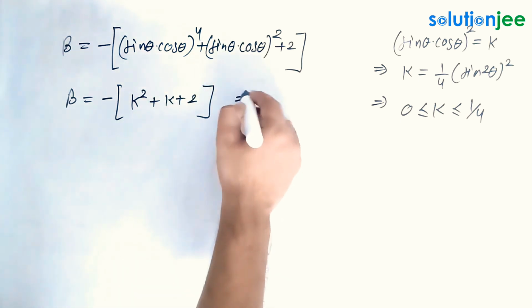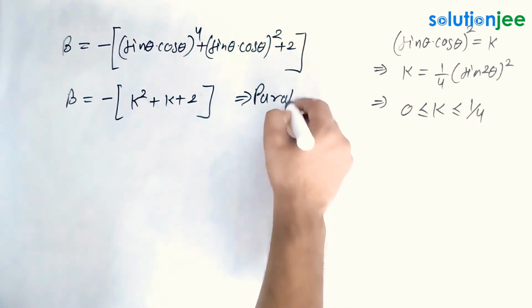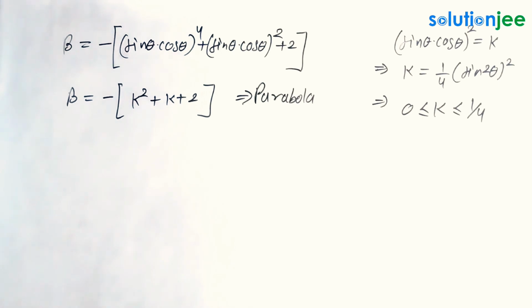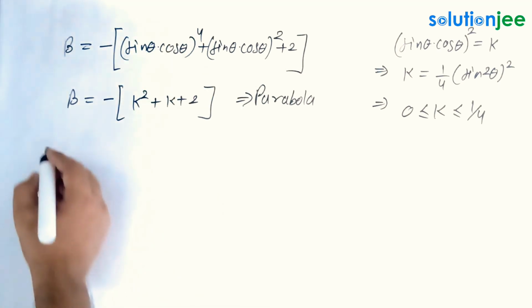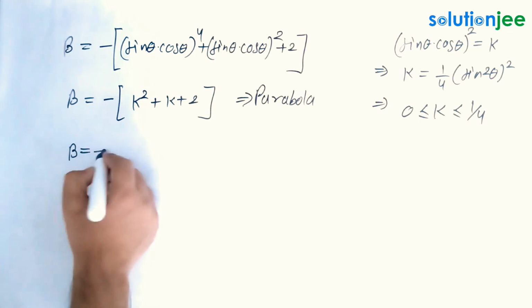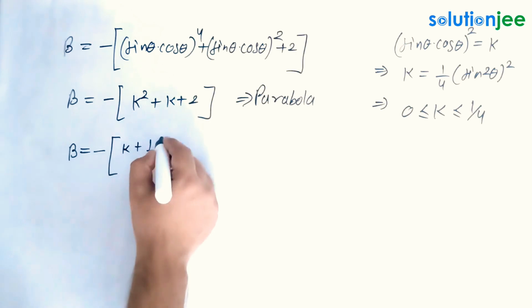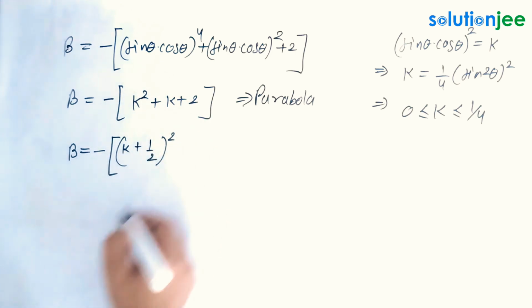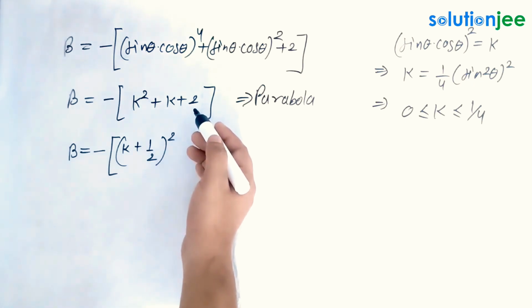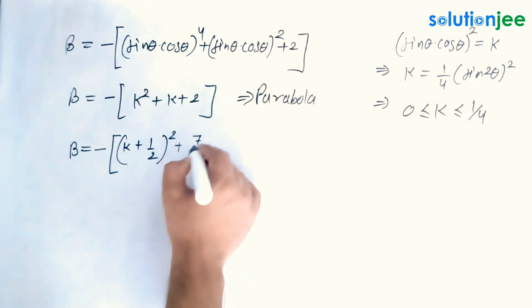Here we can see that it is a parabola. So here we have beta, which is equal to minus k plus 1 by 2 whole square, and here it will be 2 minus 1 by 4, so it will be plus 7 by 4.